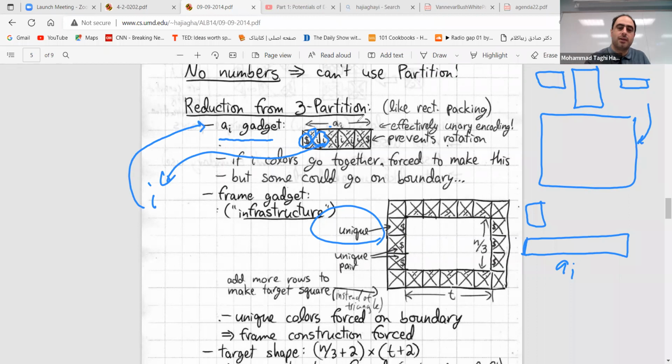Because this one is the $ sign, this should be the beginning, and this should be the end. That's essentially the whole idea, that we are just putting these unique colors. So this should be I, and this should be I. Is it clear?